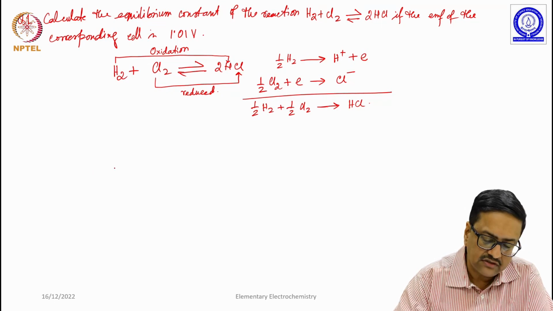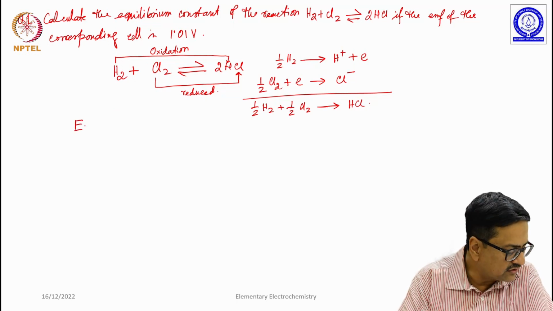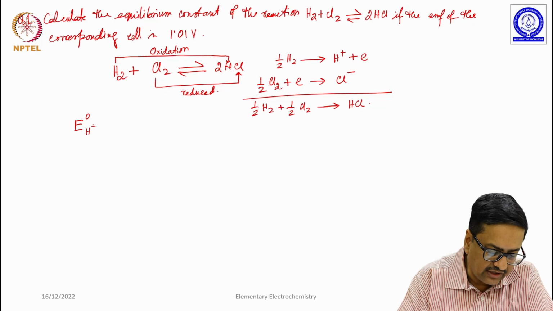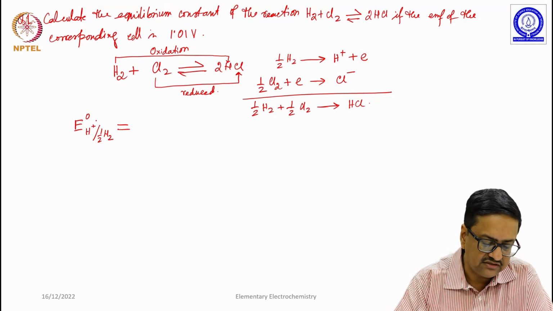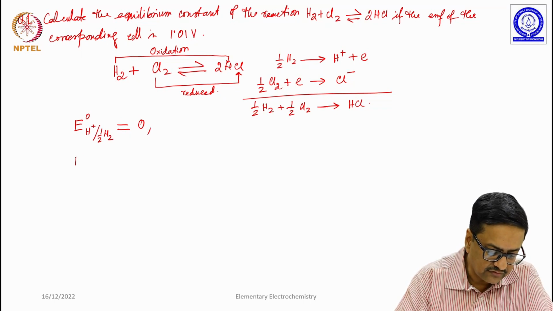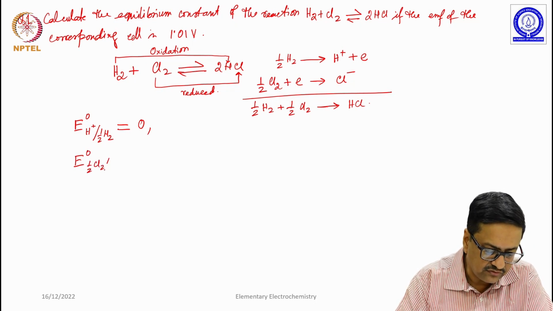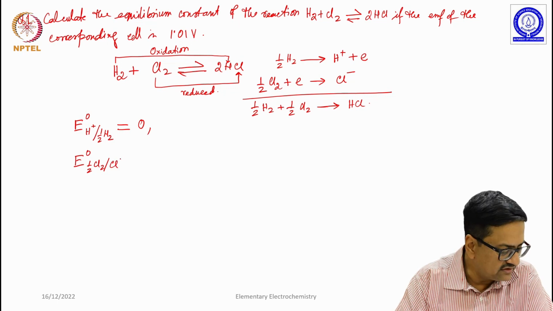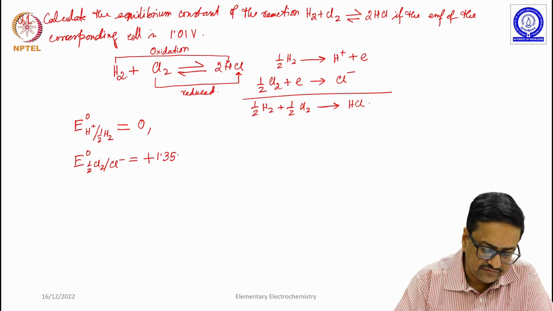Right? So, now we have two electrodes here. One is the electrode H plus and half H2. By convention, we assume this potential to be equal to 0, and the other electrode, E0 half Cl2 Cl minus, is taken from the literature value from a textbook as 1.35 volt.